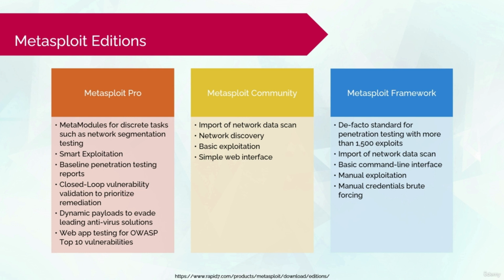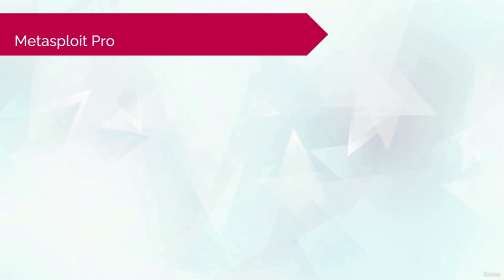Now, this illustration can help you to understand the differences between the editions. And of course, Metasploit Pro has some additional features. So it is indeed obvious to me, and certainly I hope to you, that Metasploit Pro is addressed more by security professionals and the security consulting practices.